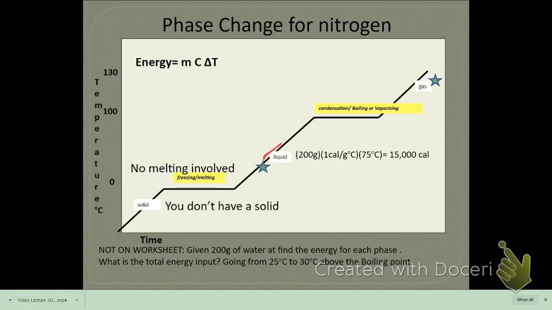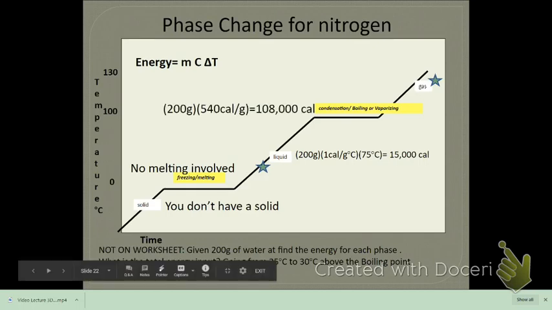So I've heated this to here. Now, how much energy goes into the boiling of that liquid? Well, since I'm going to go all the way up to 130, I do have to boil that. I know the mass. There is no temperature change, so I'll be using the heat of vaporization for that to get the amount of heat I need.